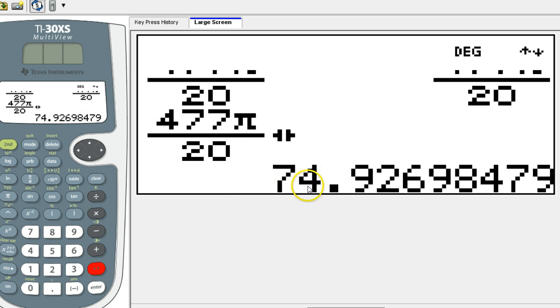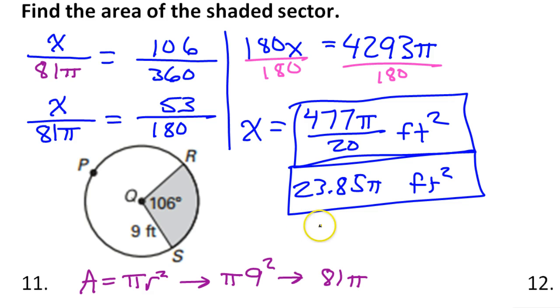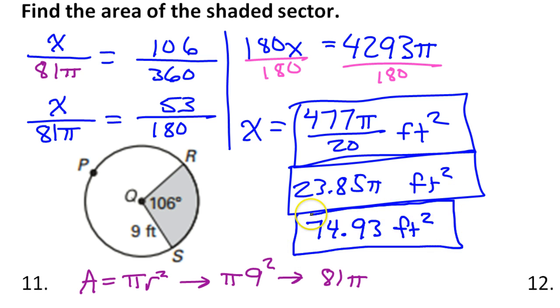So that's 74.93. Got to round up. So that's 3 different ways of writing the same thing. So that's it for number 11.